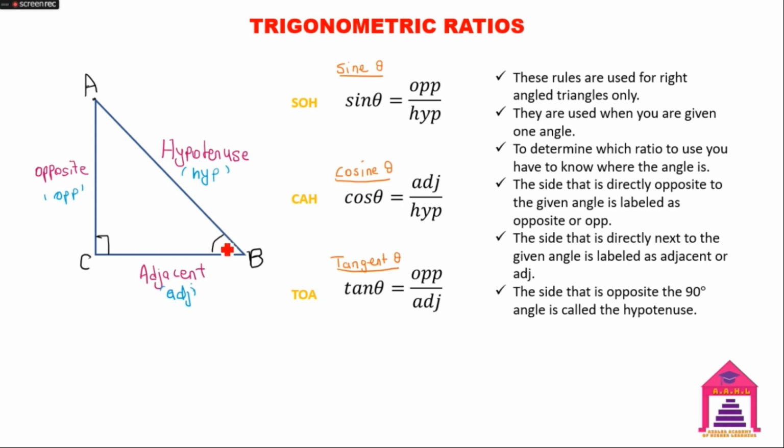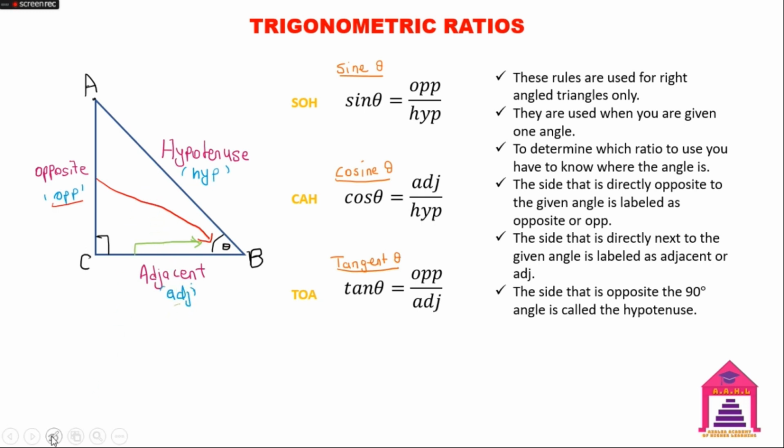The side that is opposite to this is labeled as OPP, or opposite, and that's this side. The side that is right next to it is labeled as adjacent, and that's this side.